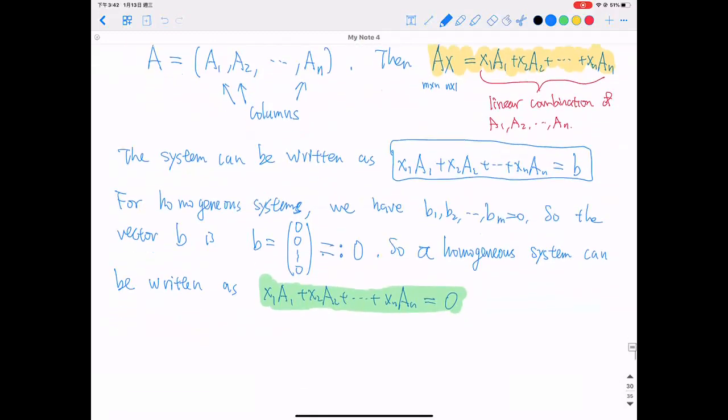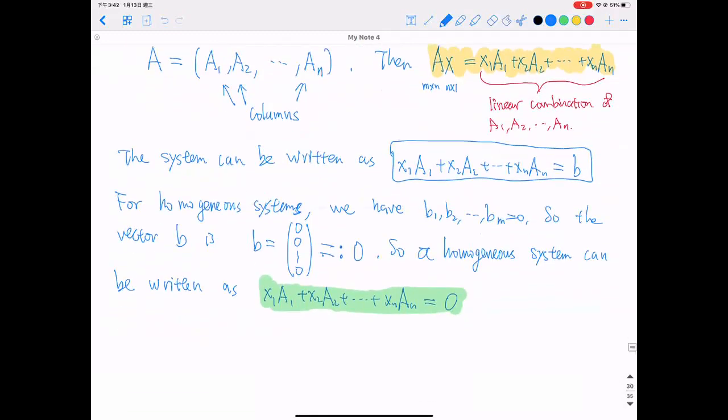Now, what this equation means is on one hand you have a linear combination of vectors a1 through an, and on the other hand you have the 0 vector.